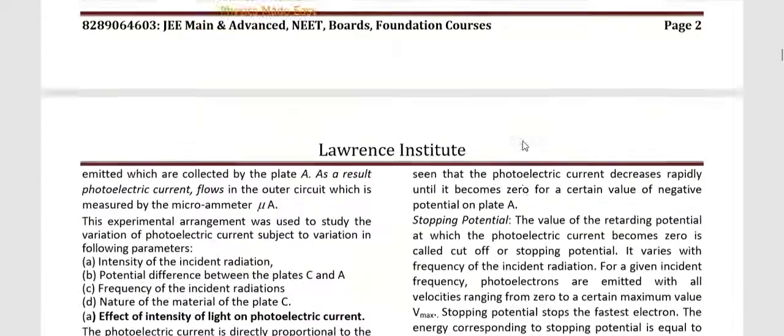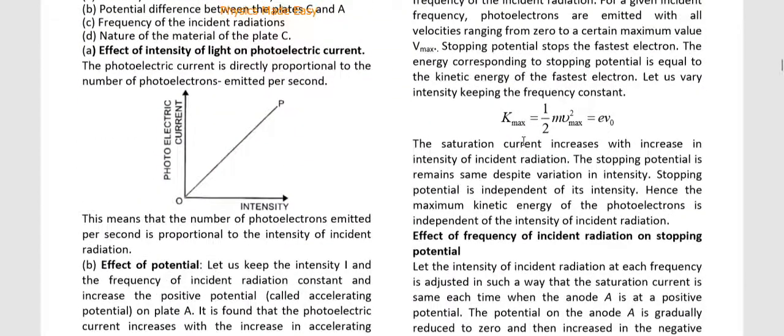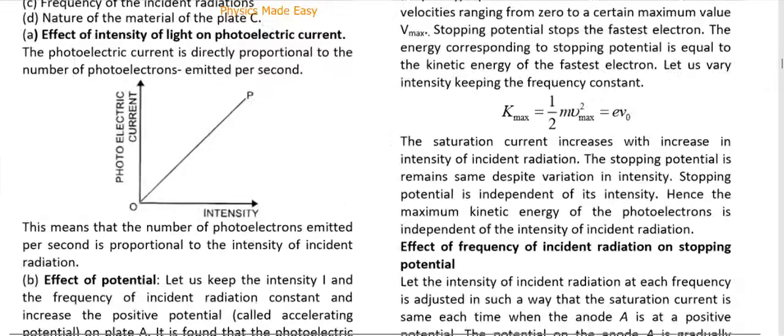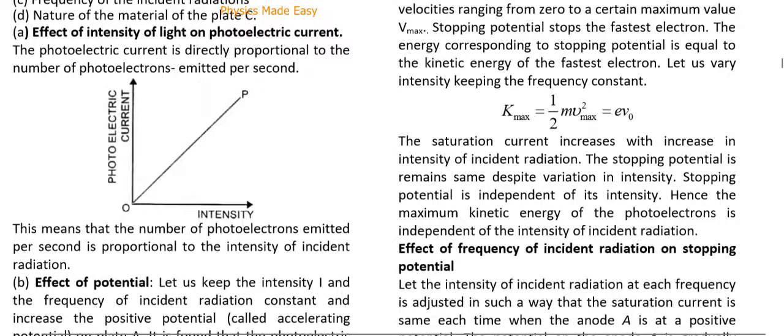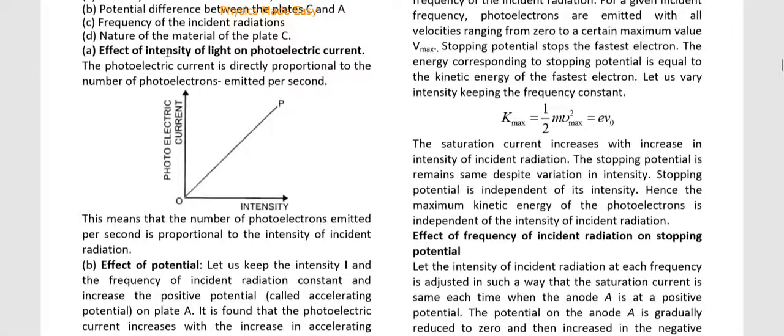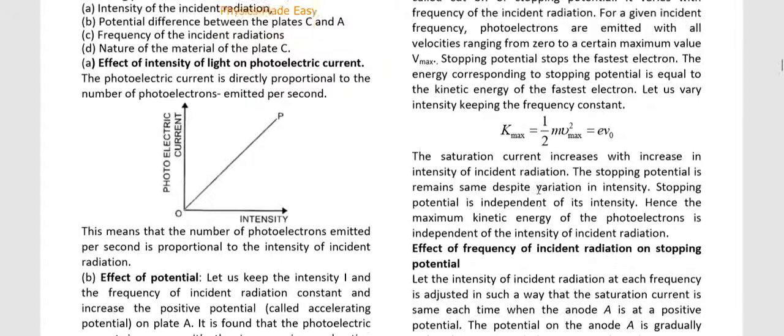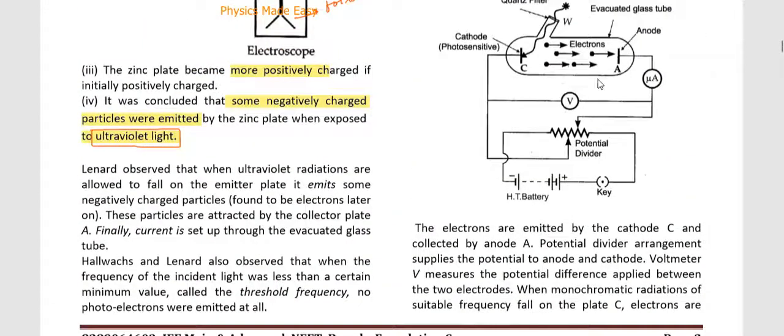In our previous discussions, we have studied the effect of intensity of light on photoelectric current. How photoelectric current flows, electrons are collected at anode and circuit is completed. In this way current flows and microammeter measures the current.